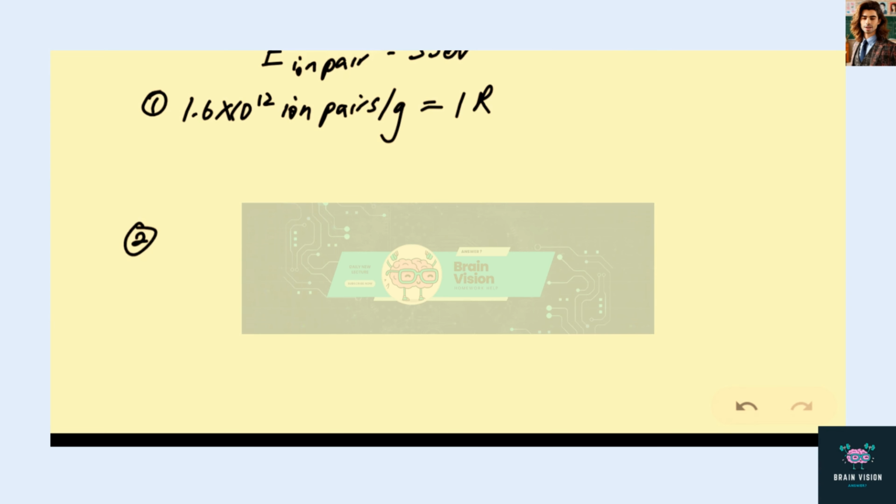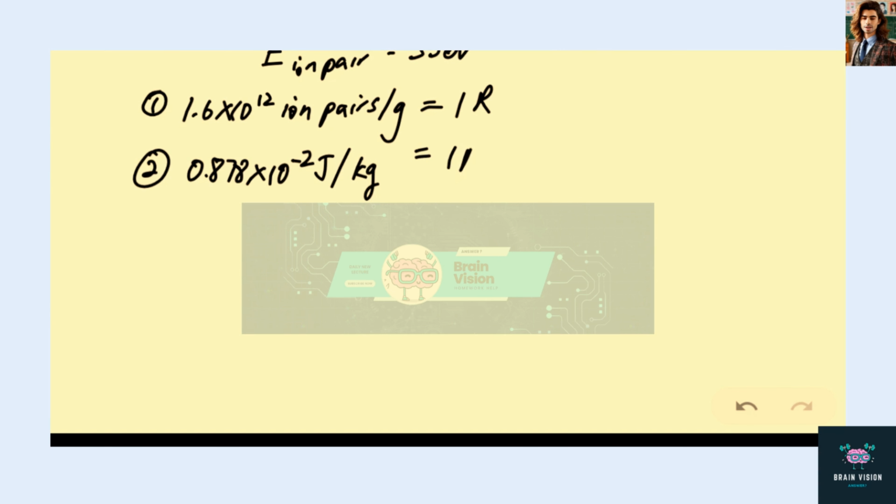The other definition would be a total energy deposited of 0.878 times 10 to the power minus 2 joules per kg, also for one Röntgen. Now to relate the two together, we start off with this particular definition of Röntgen.